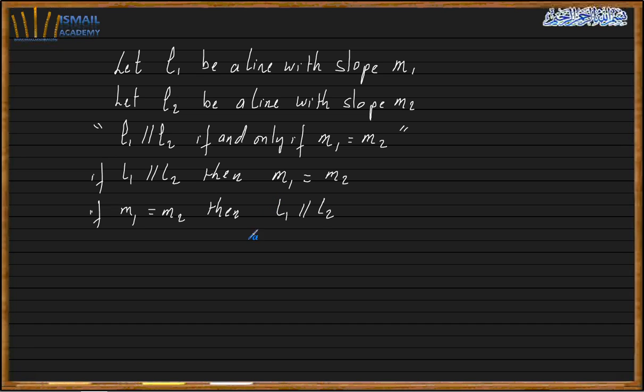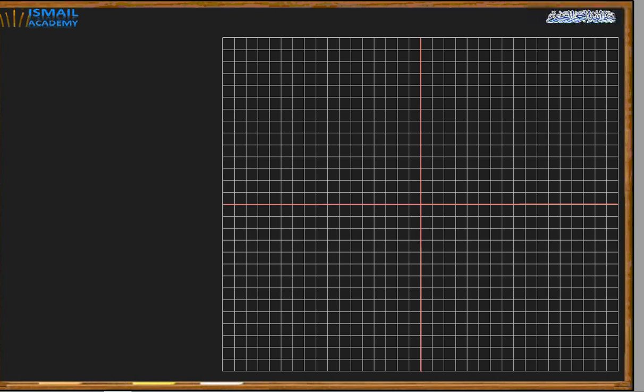Now let me show you the graph of two parallel lines with the same slope. Let me show you an example. Suppose I have two equations with the same slope: y1 equals 3x plus 7 and y2 equals 3x plus, for example, 2.